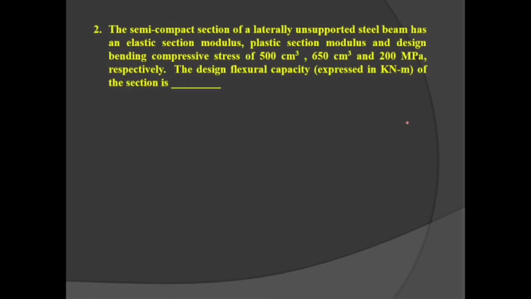Now second question. The semi-compact section of a laterally unsupported steel beam has an elastic section modulus ZE given as 500 centimeter cube, plastic section modulus ZP equal to 650 centimeter cube, and design bending compressive stress sigma BC of 200 megapascal, Newton per mm square.